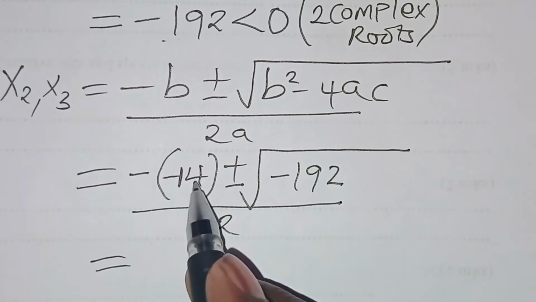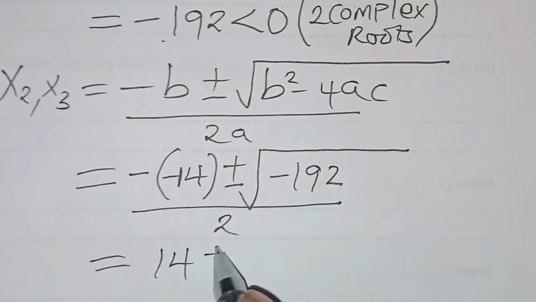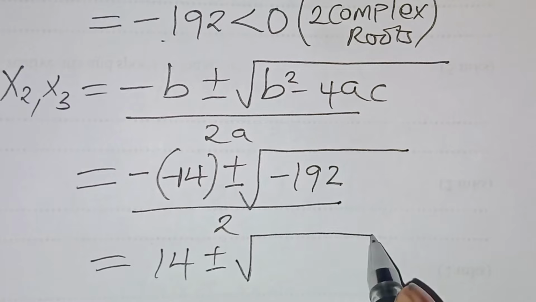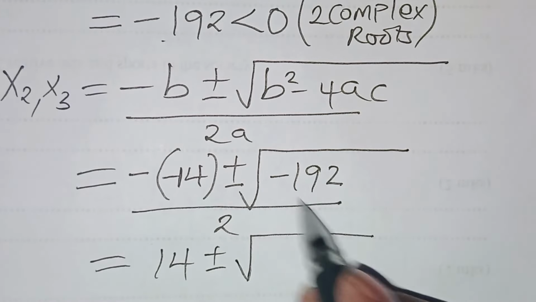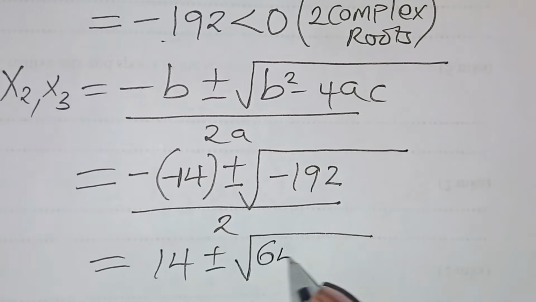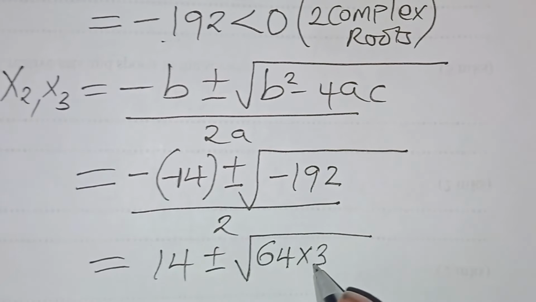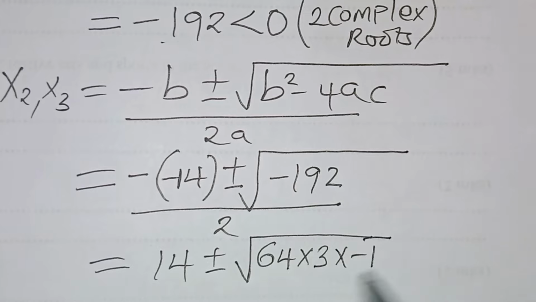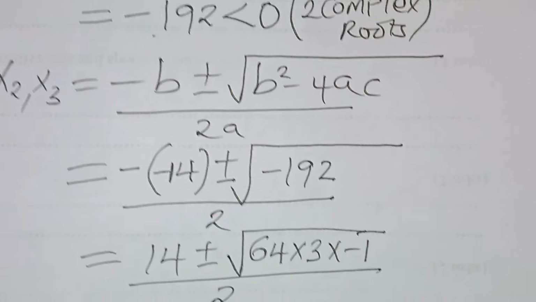Then here, minus times minus 14, this is 14, plus or minus the square root of negative 192. We can express negative 192 as 64 times 3 times negative 1, divided by 2.